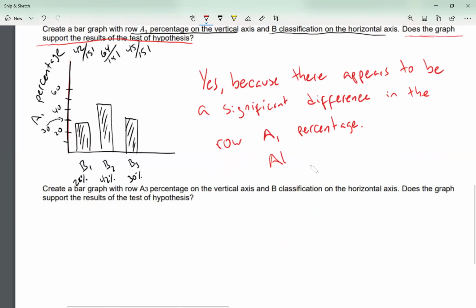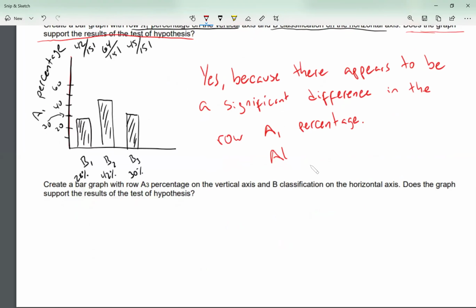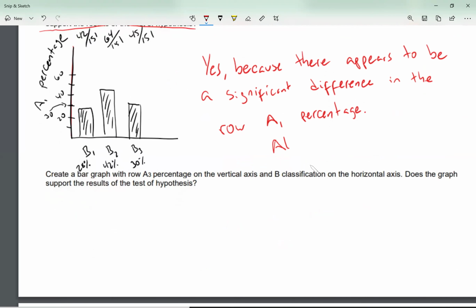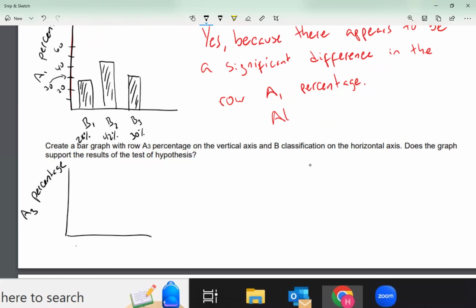In my case, for my example, let me do two bars. So here we're going to create a bar graph with row A3 percentage on the vertical axis, and the B classification on the horizontal axis. So I'm going to do B1, B2, and B3.